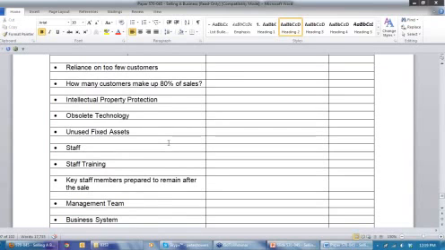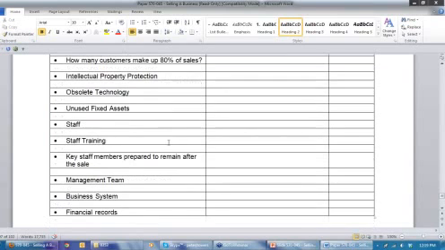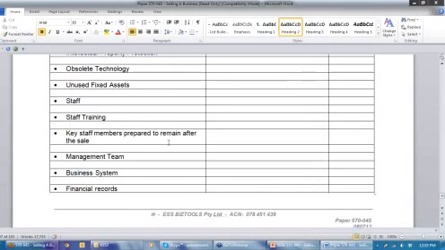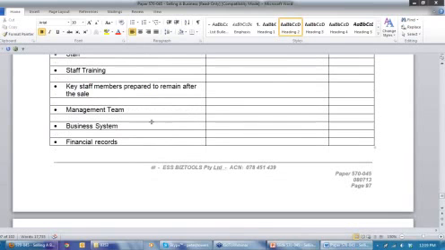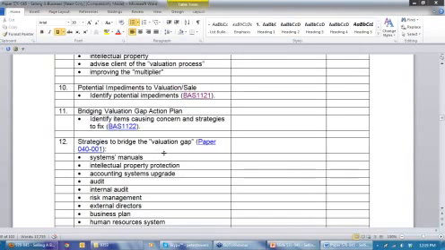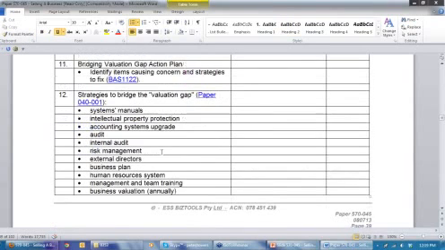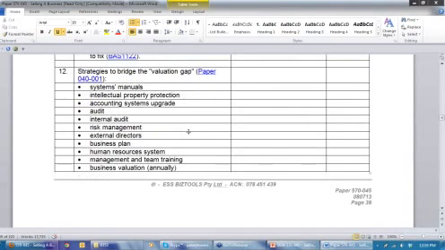as to what changes might have to be made so as to maximize the value of the business. And hopefully a sheet like that will help. We have a separate paper on strategies to bridge the valuation gap, which is talking about the systems manuals, intellectual property protection, perhaps having an auditor.